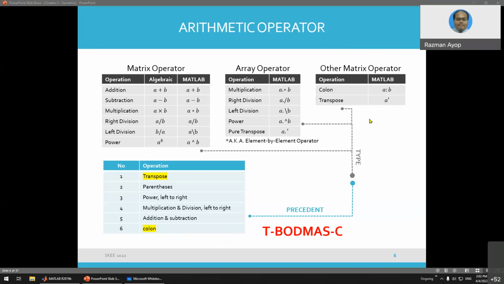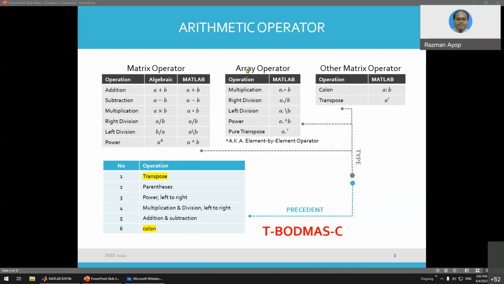For colon, you remember, if you put 1 colon 3, the result will be 1 to 3; you will create an array from 1 until 3. For transpose, make sure you also know the difference between matrix and array. This one I will show you later.